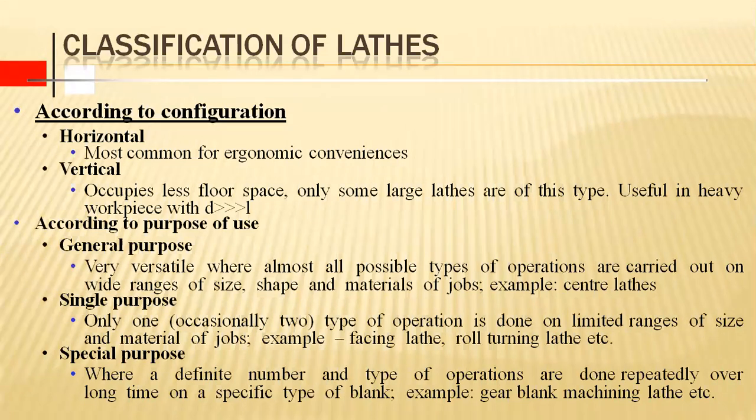Coming to the classifications, according to the configuration, based on the type of operating motion of the tool over the work part, two different configurations exist as per the direction of the work progress.